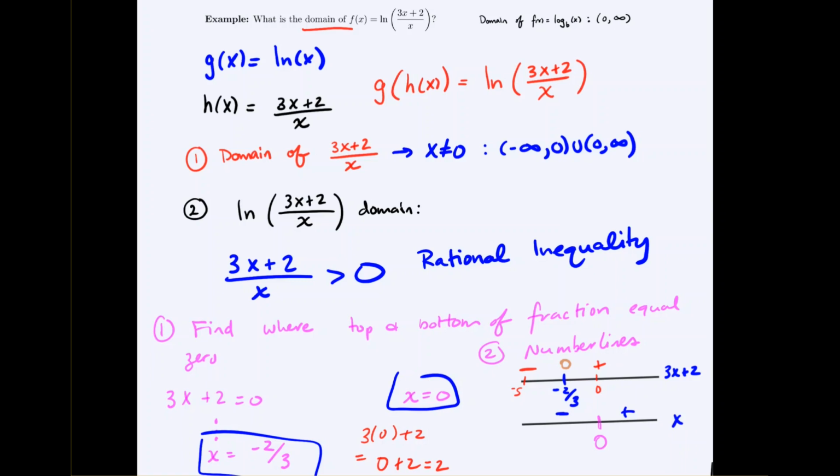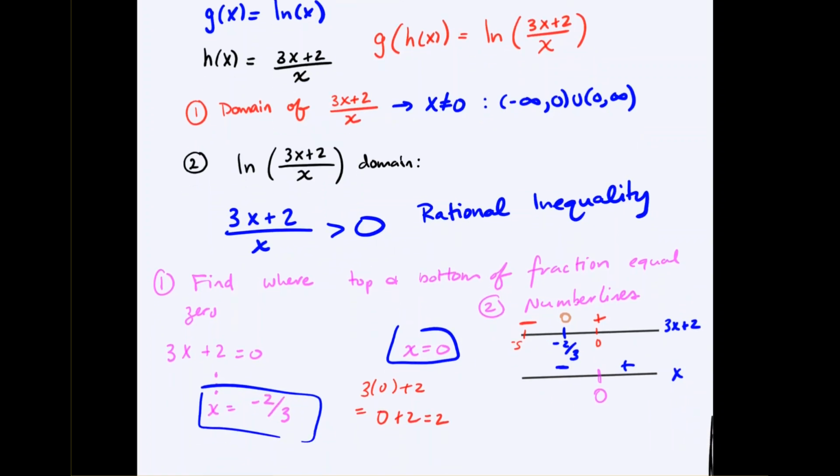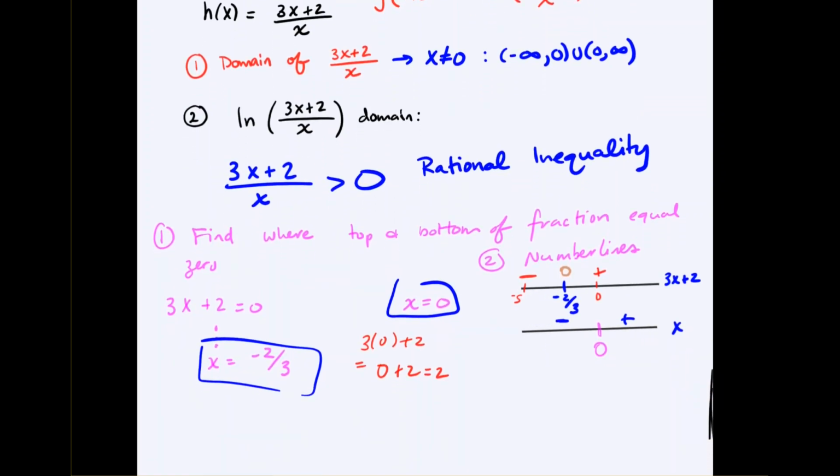So if the entire fraction is going to be positive, then we need to consider what parts of these intervals are they both positive or both negative. So here we see that 3x plus 2 over x is positive when, looking at our number line, we're before negative 2/3.